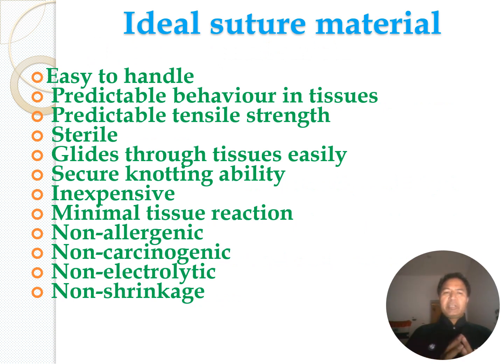Ideal suture material is easy to handle, has predictable behavior in tissue, predictable tensile strength, is sterile, glides through tissues easily, has secure knotting ability, is inexpensive, has minimal tissue reaction, and is non-allergic, non-carcinogenic, non-electrolytic, and non-shrinking.